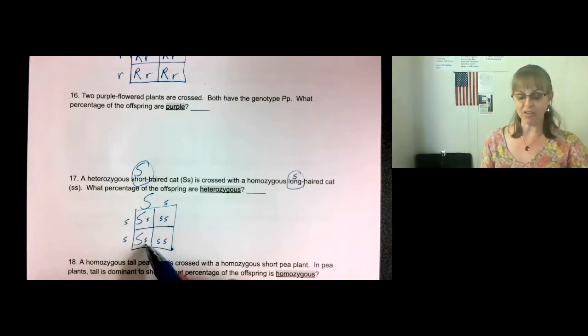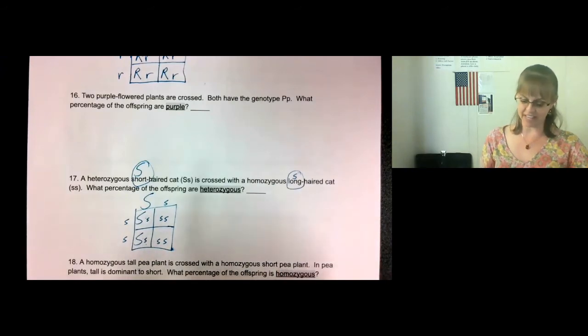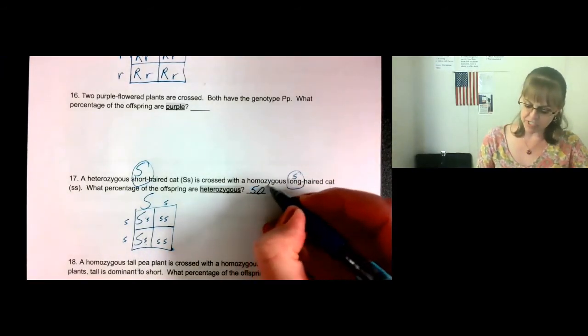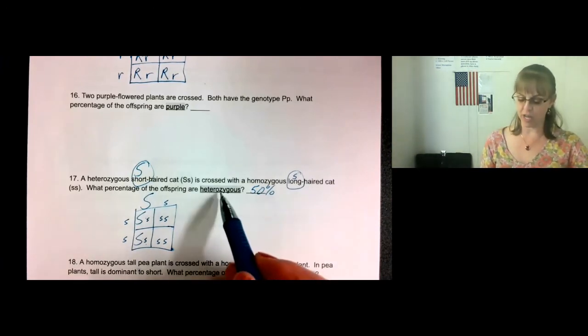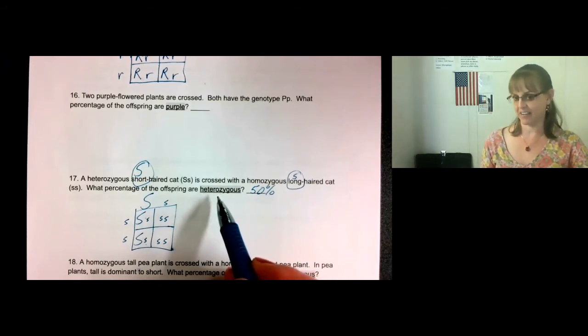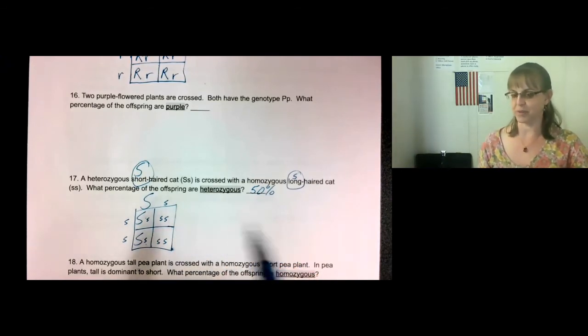Therefore, 2 out of the 4 are heterozygous, which is 50%, which happens to be the same answer as how many are short-haired. However, it didn't necessarily have to be that way. So be careful and make sure you're answering the question they're asking, not the question you got used to.